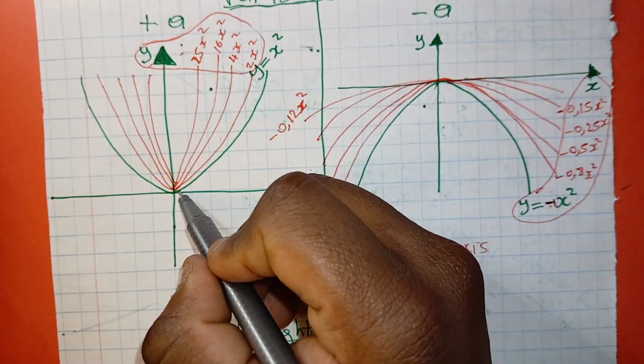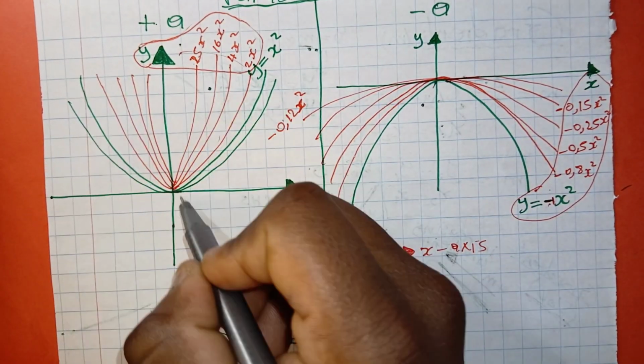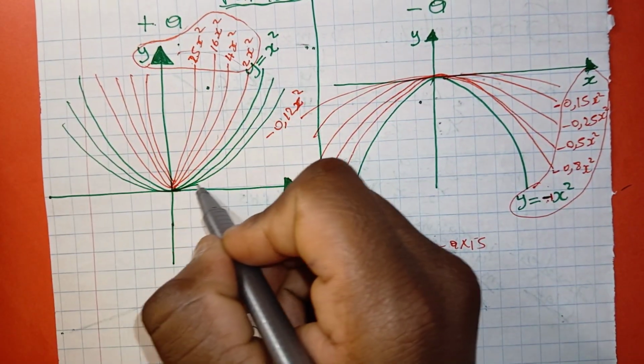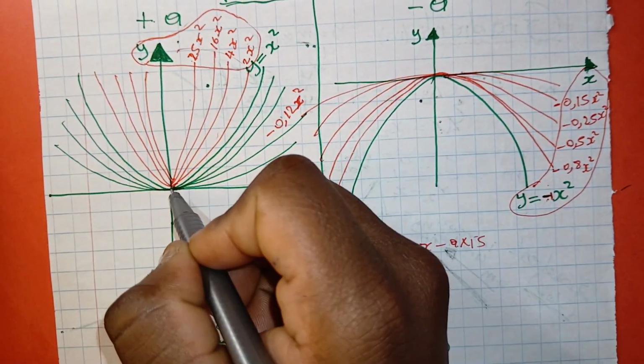So now check something. If here I'm decreasing this gradient, something like this. Here I'm decreasing the gradient.